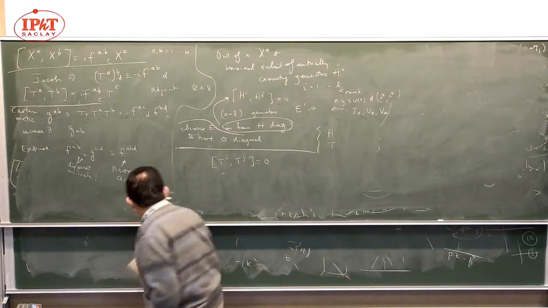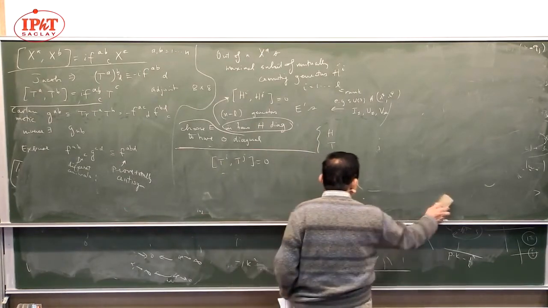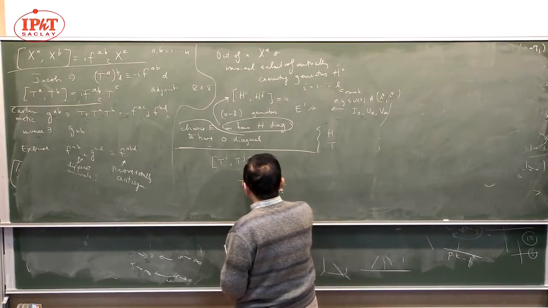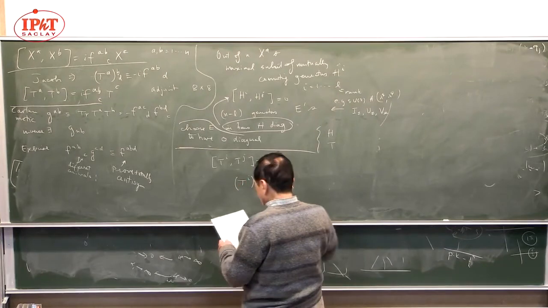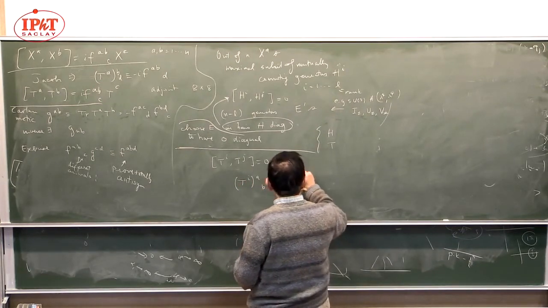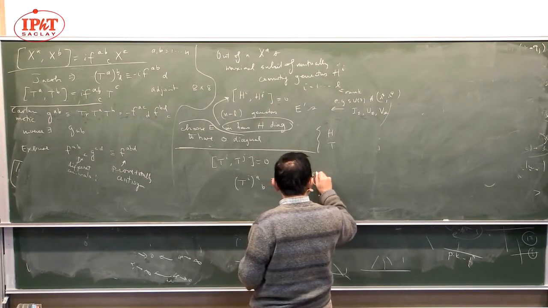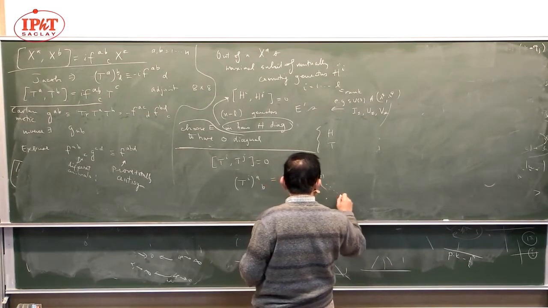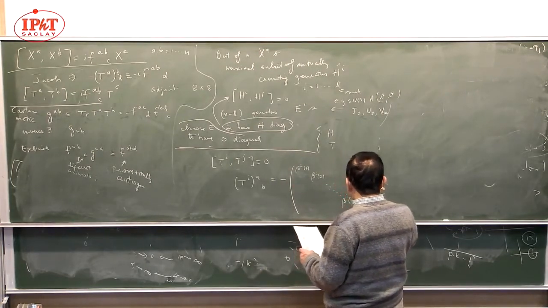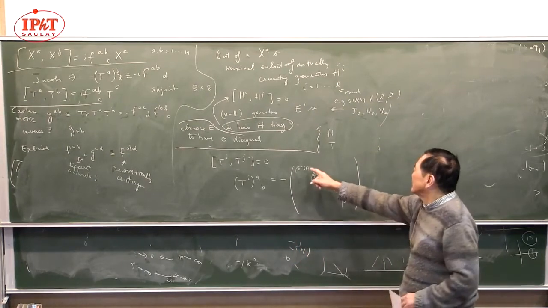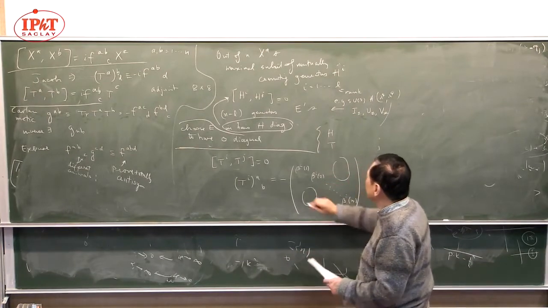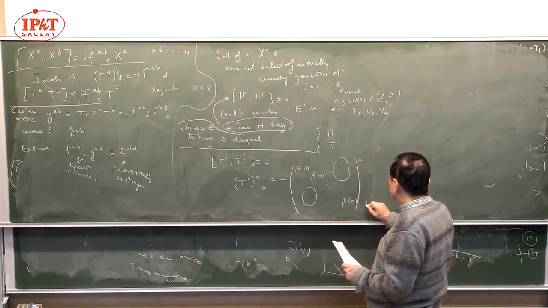Now, the T's are diagonal, so we can give some names to the diagonal elements. We just write (Ti)AB is equal to minus, and these minus signs are just to make some of the formulas look nice, beta Ia. Remember, this is an n by n matrix, so there's 1, 2, 3, 4 down to n, and of course 0, and this is the AB element.